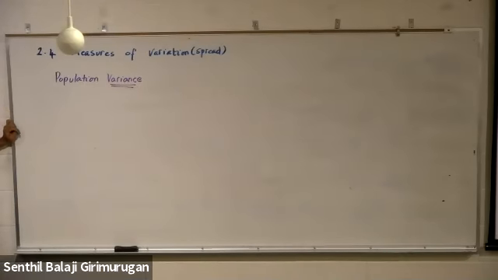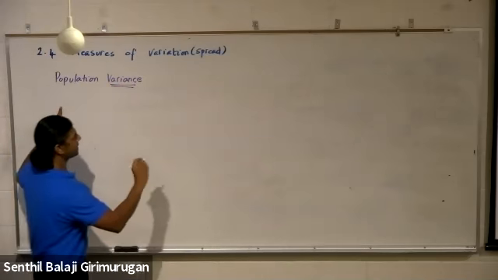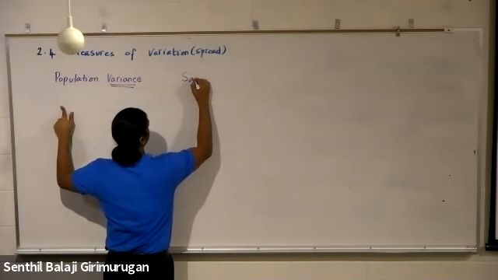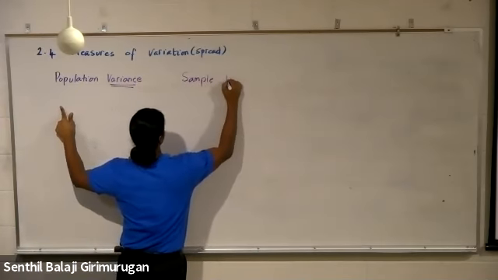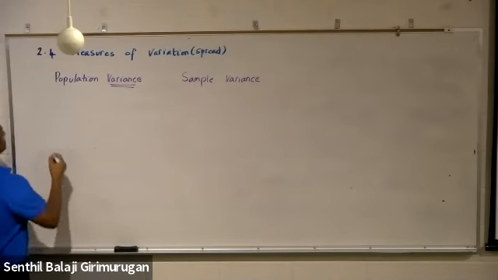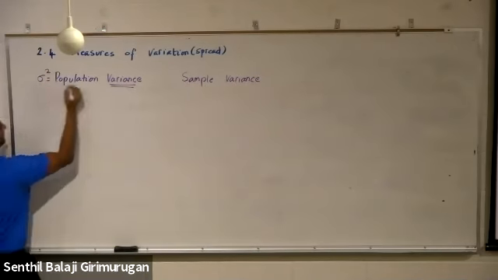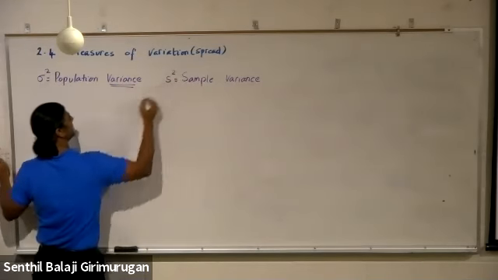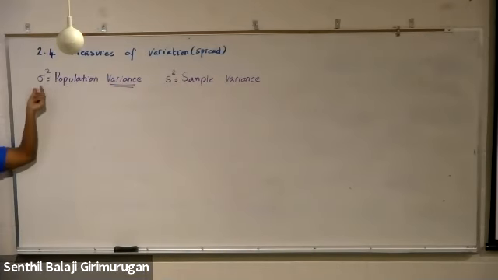Variance is a good measure of variation. There are two different types. One is sample, the other is population. Notationally, population variance is denoted by sigma squared.